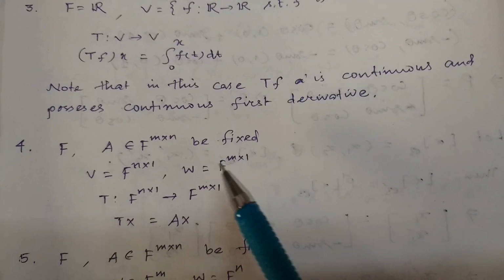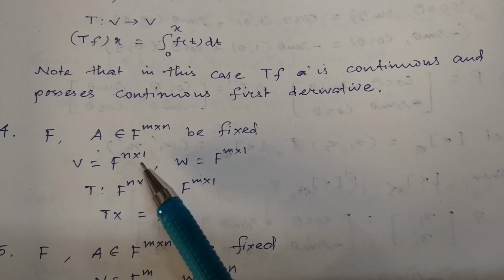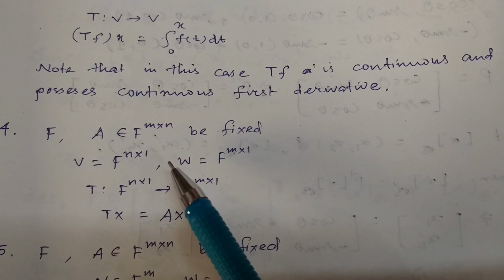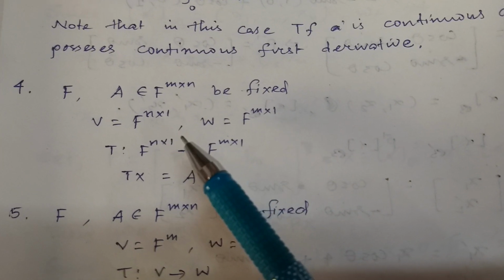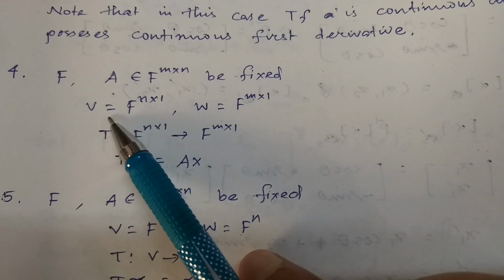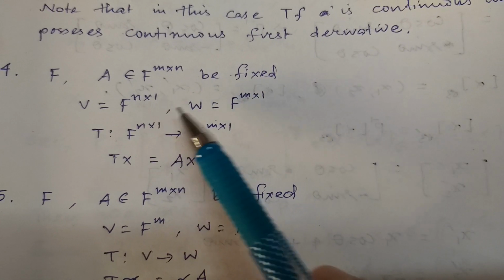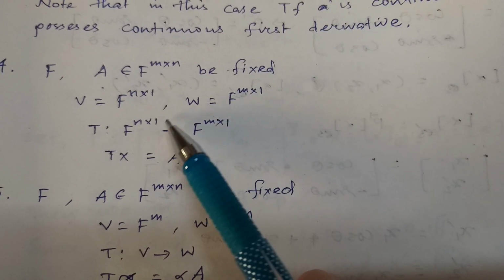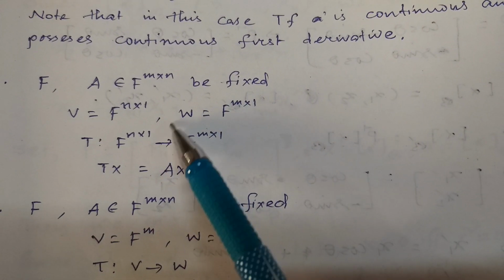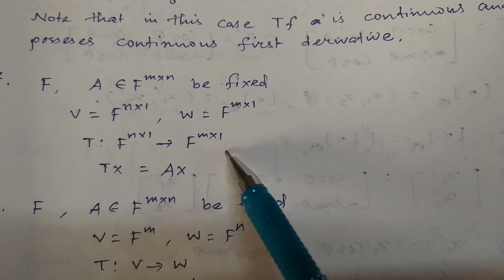Next example. Let F be any field and A be an m × n matrix. It is a fixed matrix, so the entries are from the field F, and V is the space of n × 1 vectors and W is the space of m × 1 vectors. Now we are defining a mapping T from F^(n×1) to F^(m×1).